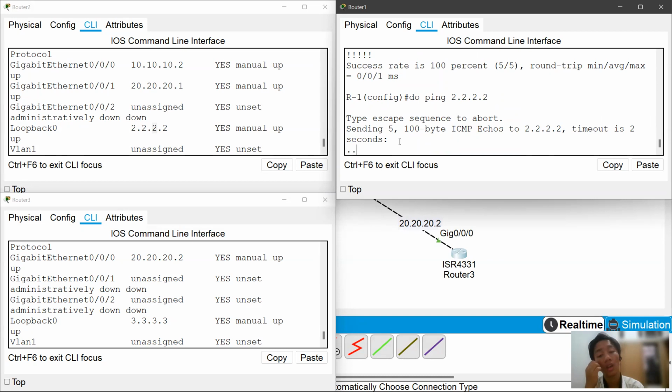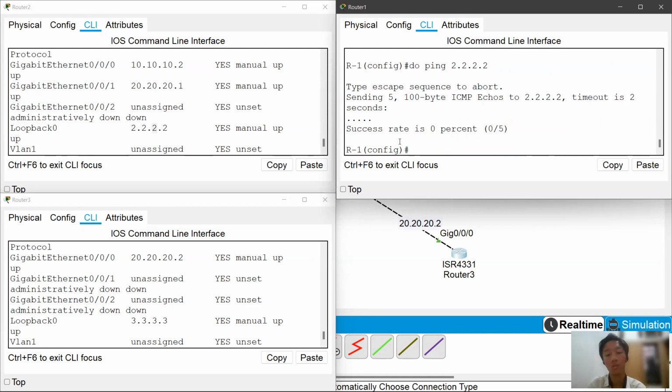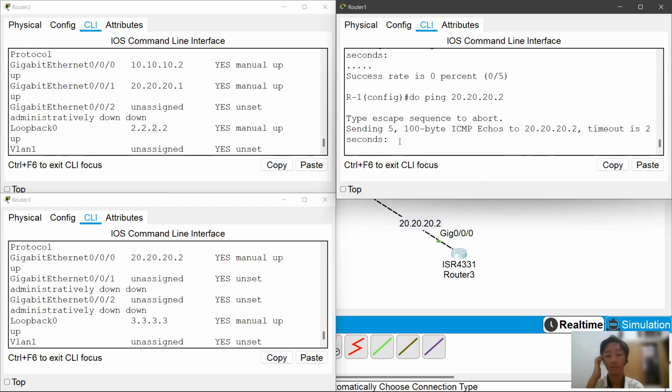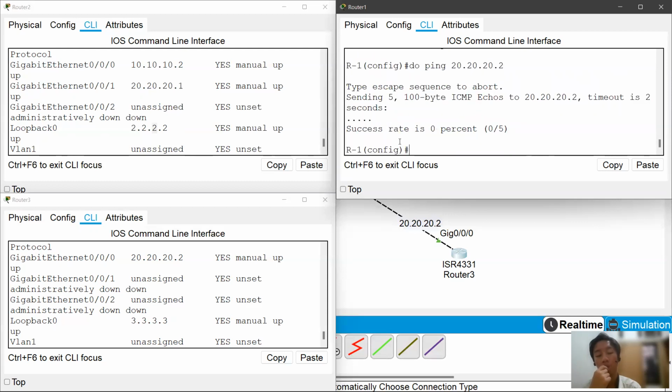Okay, and same if we ping the 20.0 network. This cannot work because router 1 doesn't know the networks 20.0 and 2.2.2.2, the loopback in router 2.